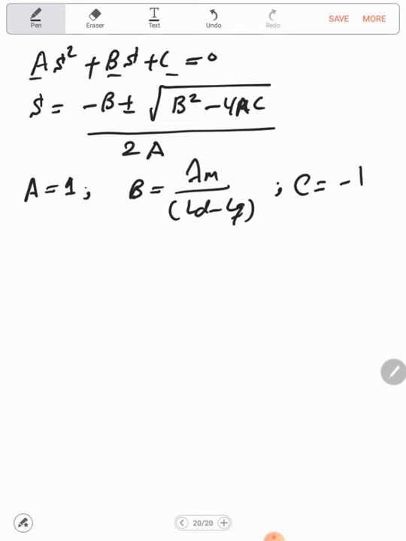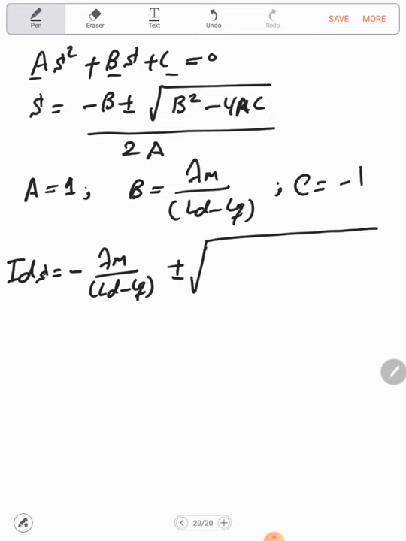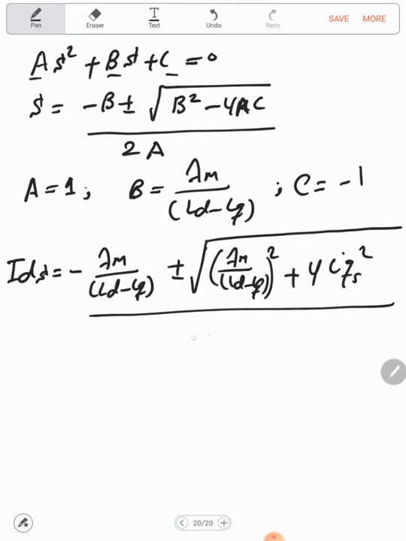So simply this means that IDS will equal to minus lambda m over LD minus LQ plus or minus the square root of lambda m over LD minus LQ all squared plus 4 IQS square, over 2.